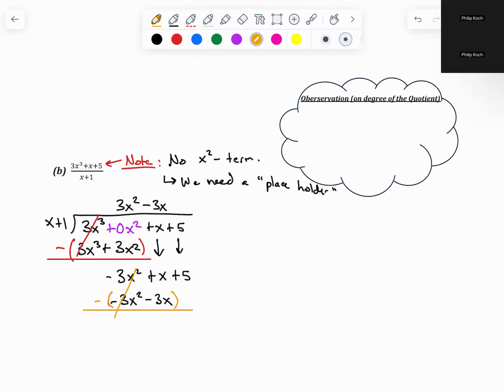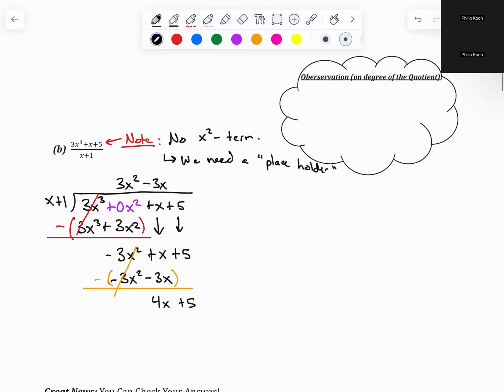And then what do I get? Take a second to do it yourself, if you haven't already. x minus negative 3x. So what do we get? 4x. We don't get negative 2x because we're subtracting negative 3x. So we get 4x plus 5. So we bring in the plus 5.